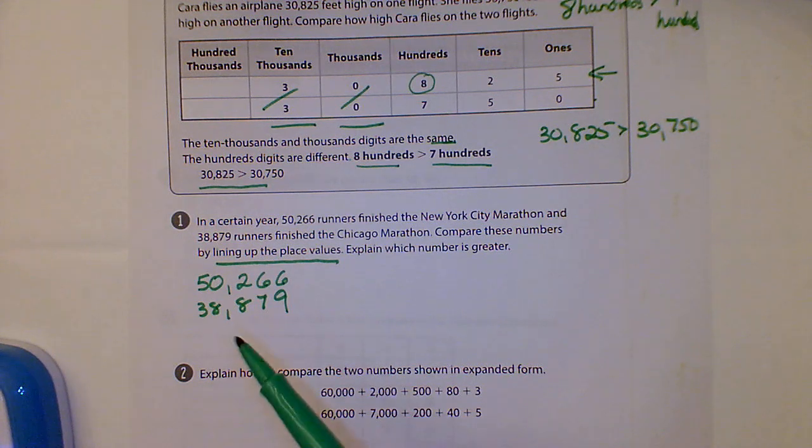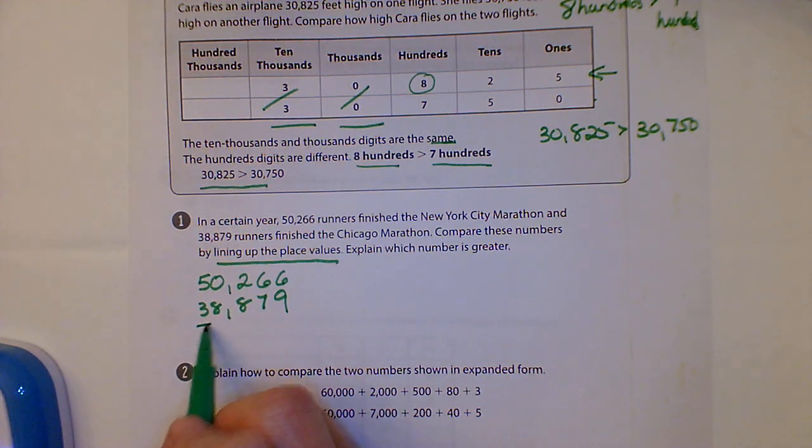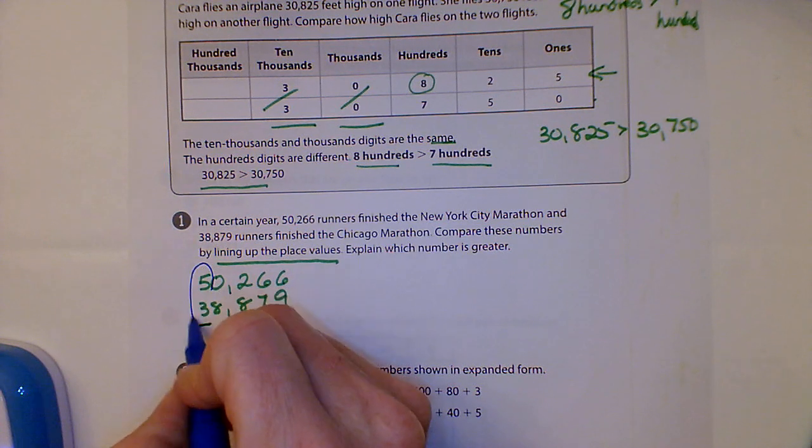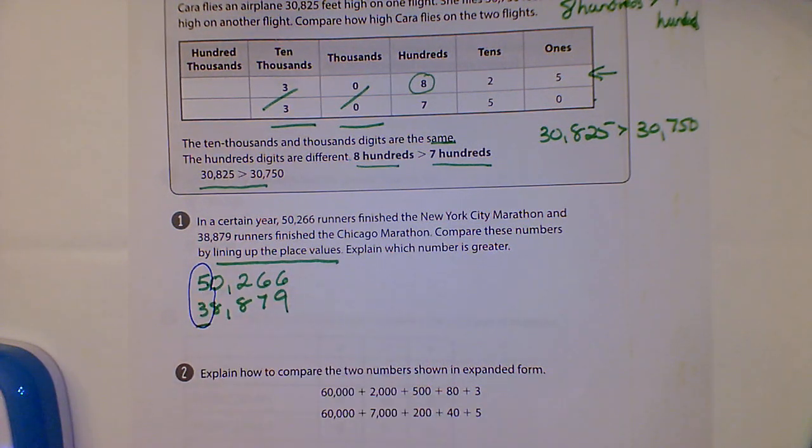And now remember, I'm going to start with the largest place value, and that's going to be right here, our 10,000s. And if I look at that, I can see that 5 is greater than 3. But think about it again, what does that 5 really represent? It really represents 50,000, right?